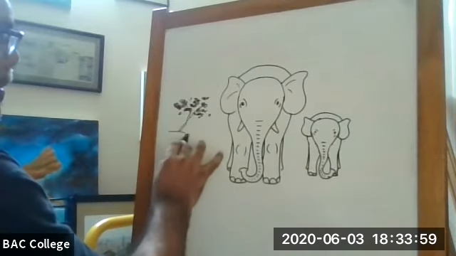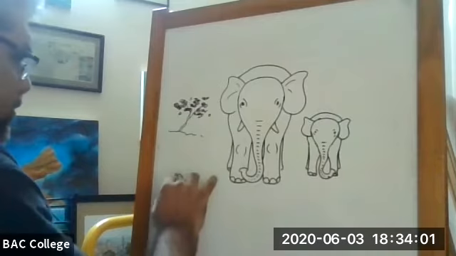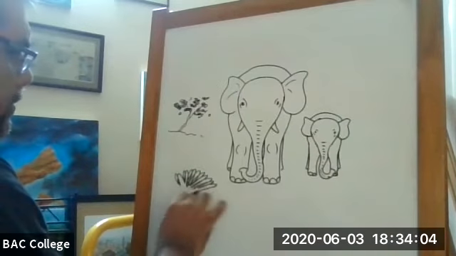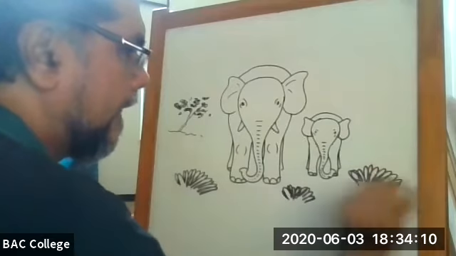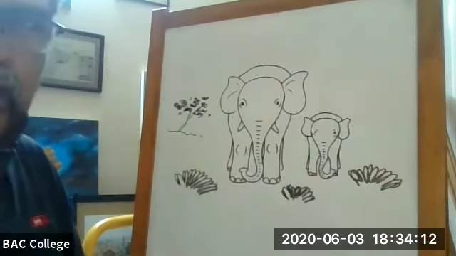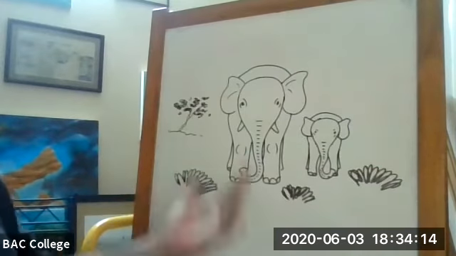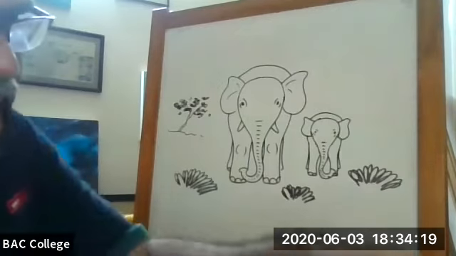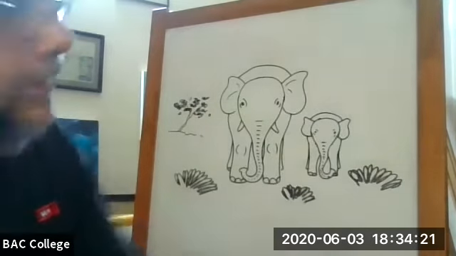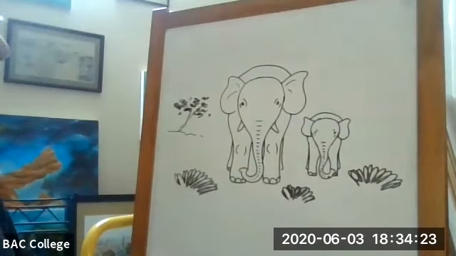You can draw a bush here. You can draw another bush here. You can draw a bush right here. Okay. And so to make them look like they are in a safari or something. Or in Africa, somewhere in the desert plains of Africa. Okay.